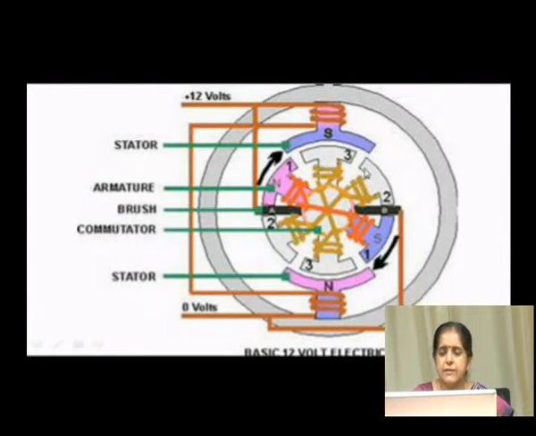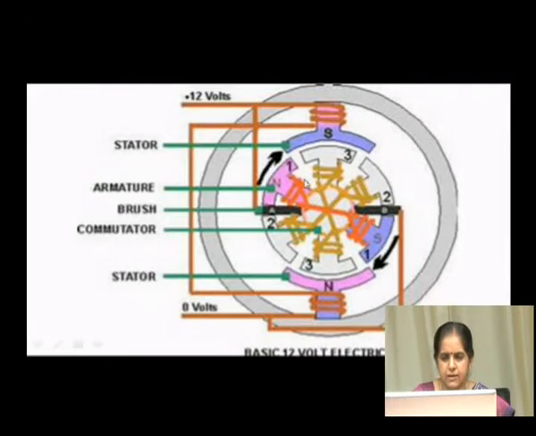Mainly we can classify the parts into two classifications: the stator and the rotor. The stator consists of the yoke, that is the outer cover, and the magnetic field. There are two magnetic poles, the south pole and the north pole, and the conductors placed over the poles are known as the field coils.